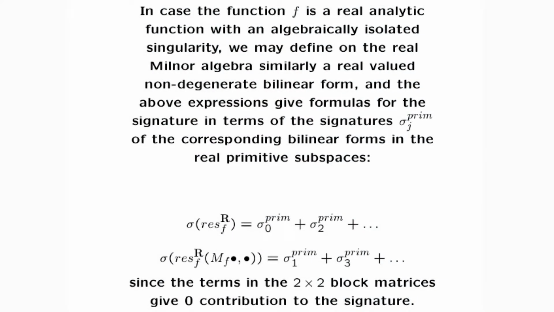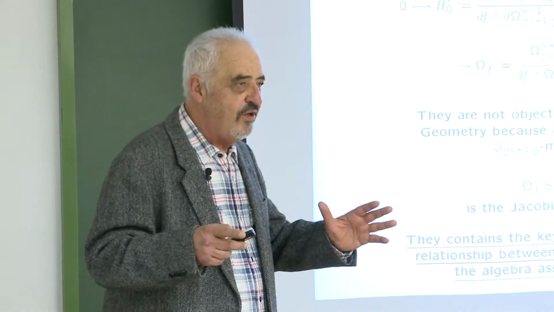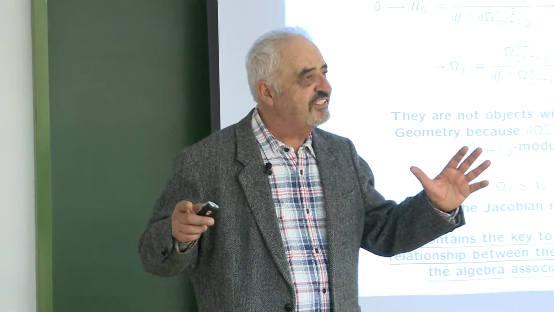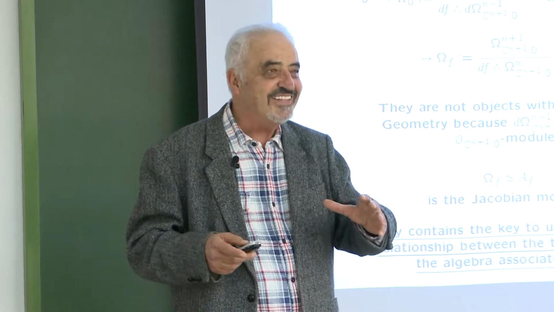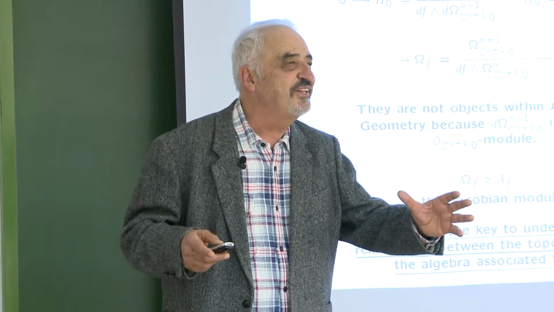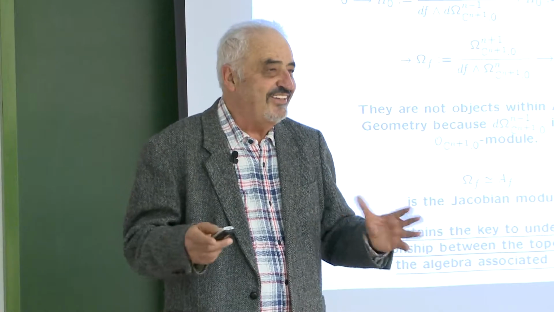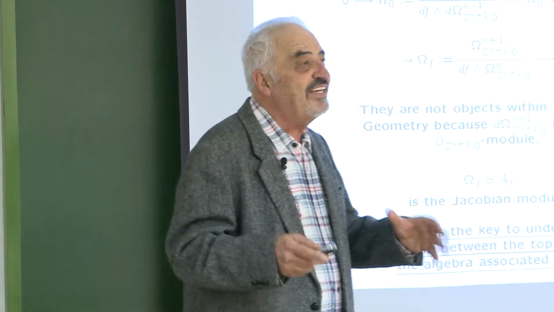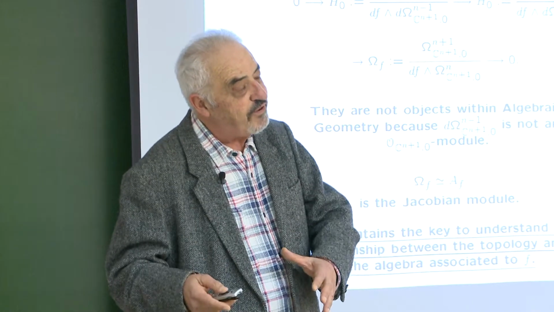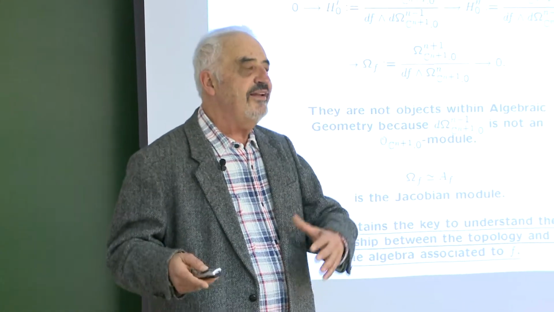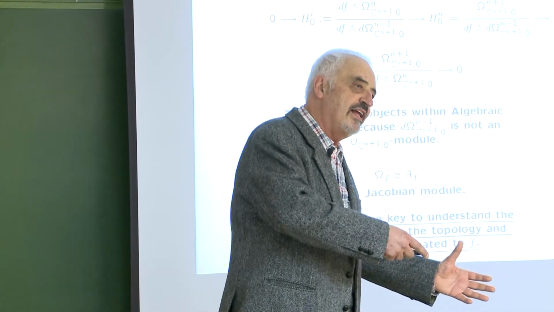Now, what's the connection between the two? In principle, now you have two things which are similar, but if I ask, what's the connection between the two? You say, I don't know. It's not apparent. What's the relation between the cohomology groups of the smooth fiber and the dimension of the Jacobian algebra?